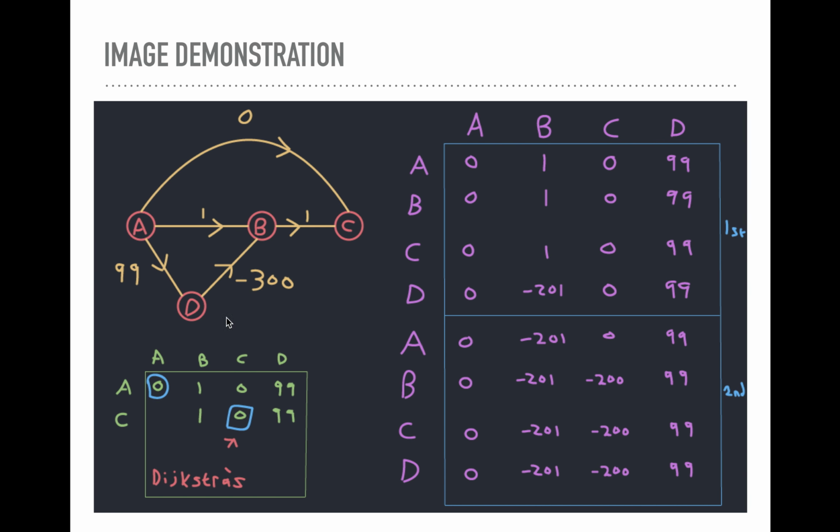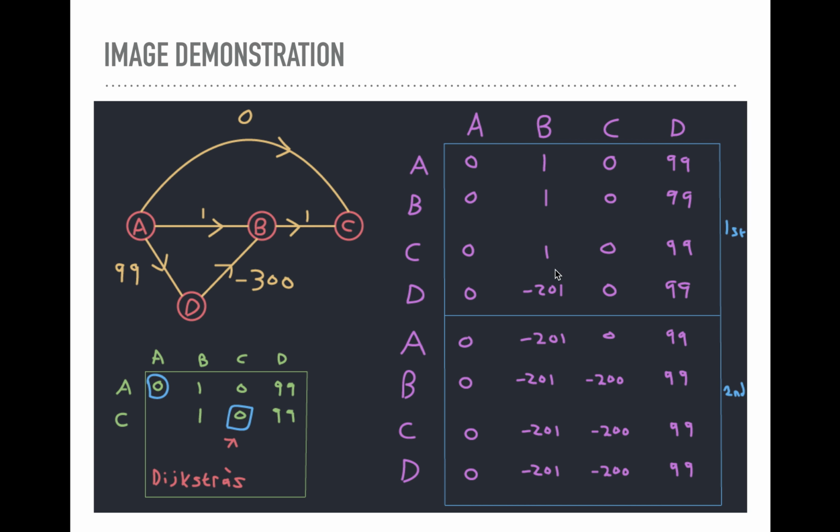D. Okay, now we're looking at D. Well, D goes to B. So D to itself, it doesn't help anything. But D to B is minus 300. So this path A, D, B, which is 99, and then minus 300, this is our negative weight edge, that's going to be negative 201.